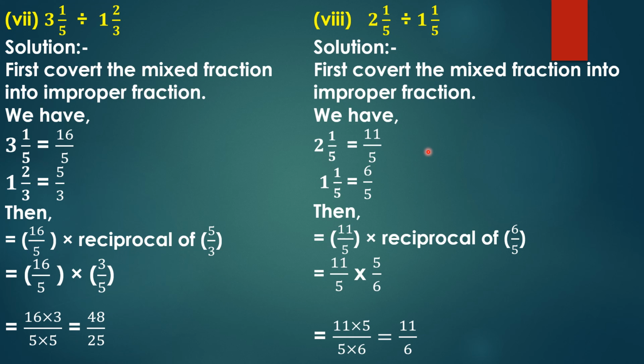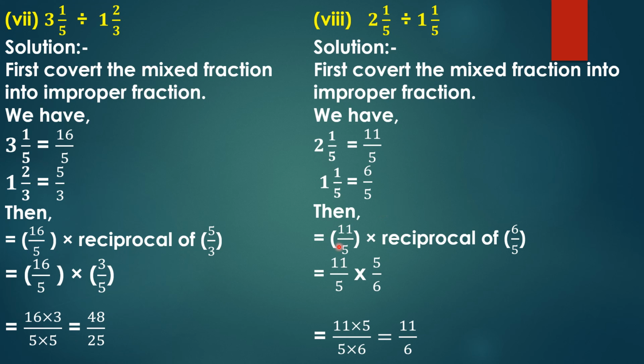Similarly, this question also we have to solve. 2 1 by 5 divided by 1 by 5. So convert the mixed fractions into improper fractions. 2 1 by 5 will become 11 by 5. 1 by 5 equals 6 by 5.